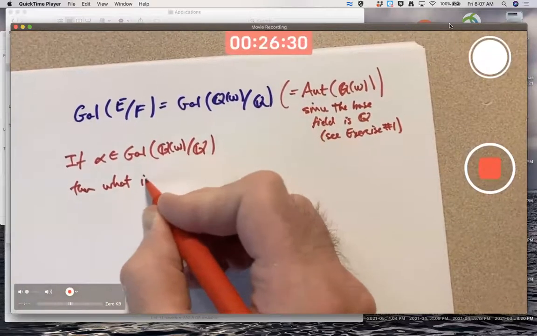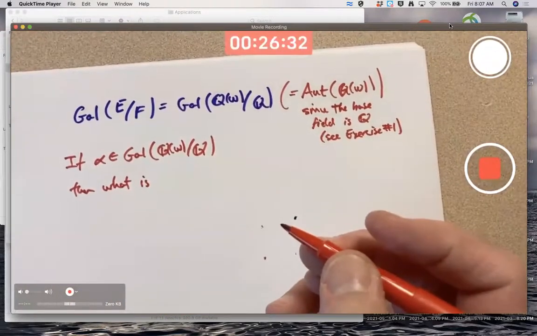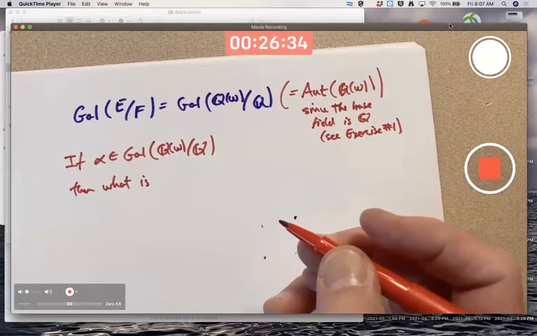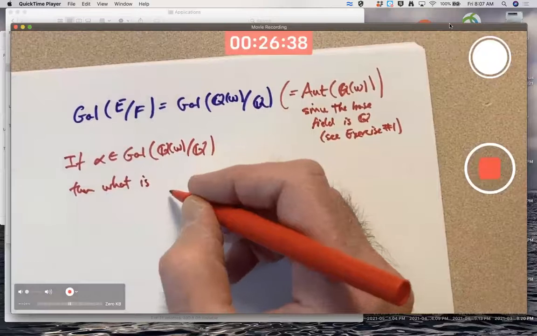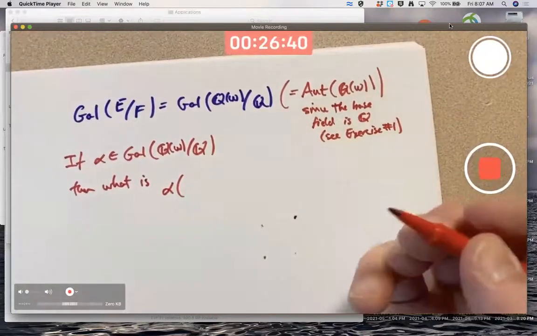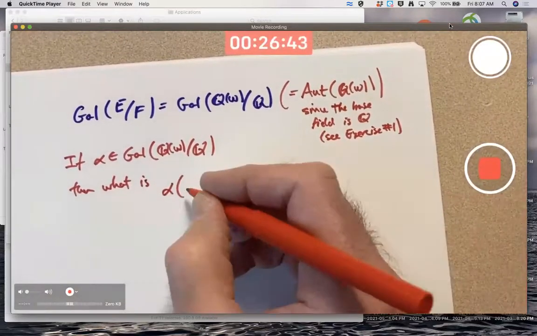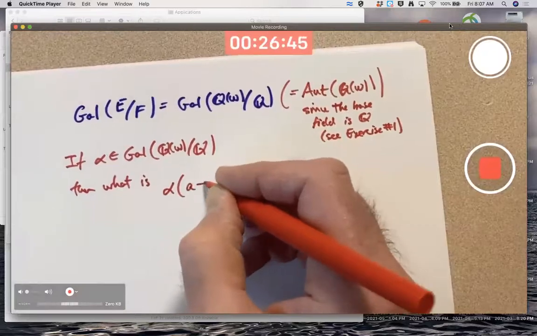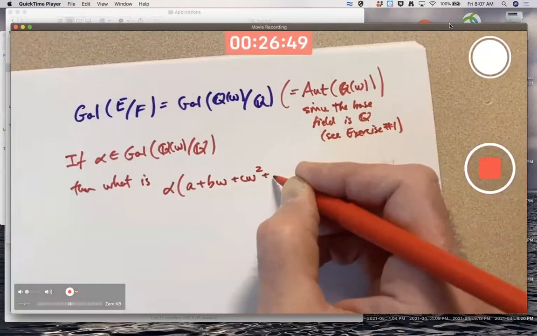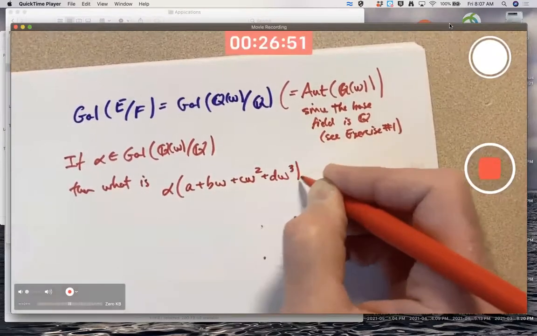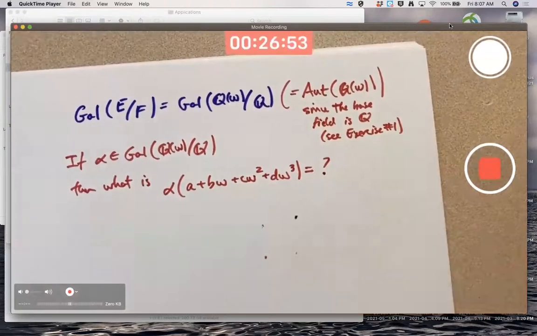One way to think about a formula for alpha is to use the vector space description of this Q(omega). What is alpha of a general element of Q(omega), meaning what is alpha of A plus B omega plus C omega squared plus D omega cubed? What is it?